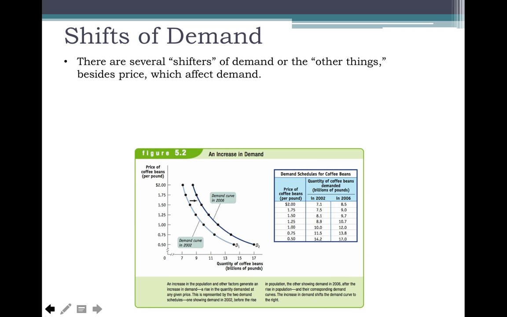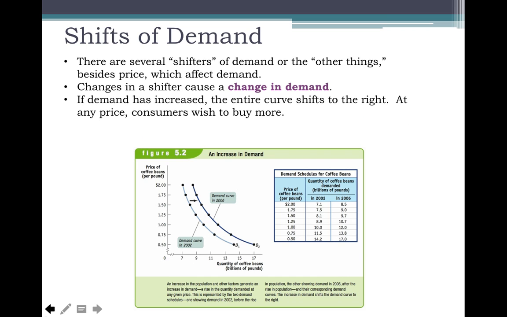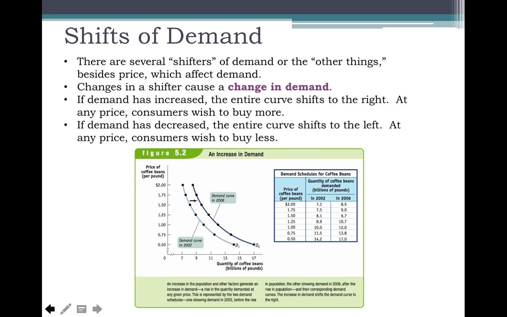So just kind of bear with us here. Anything that shifts the curve is known as a change in demand. If we have an increase in demand, the curve will shift to the right. And if we have a decrease in demand, the entire curve will shift to the left. Okay? And so now we're going to talk about what are some of these things besides price that have an effect on our demand for a product.